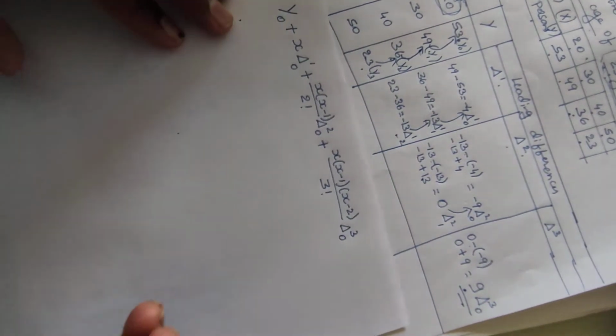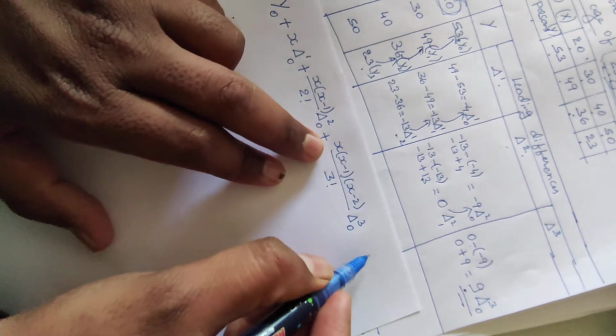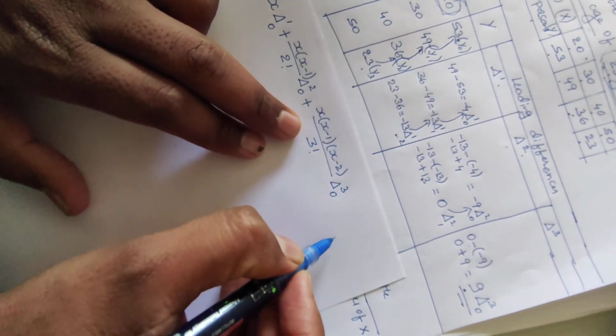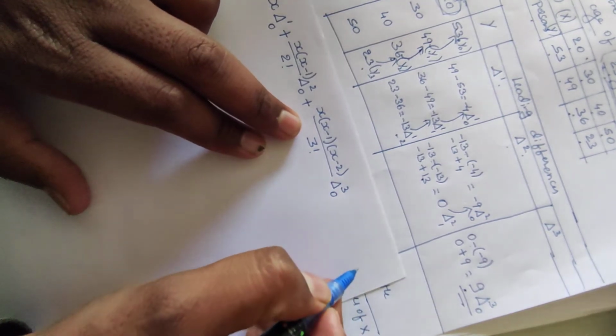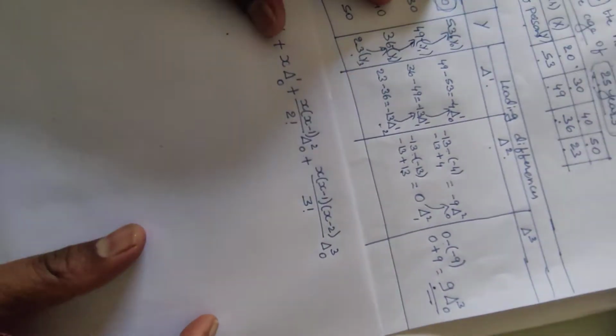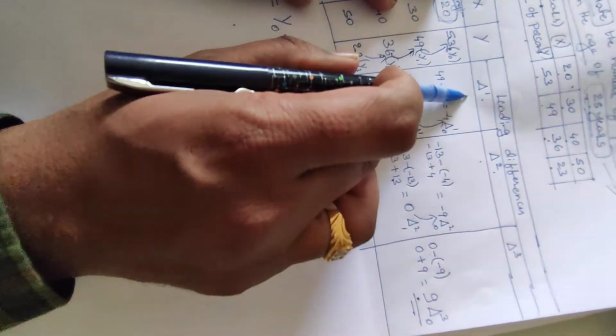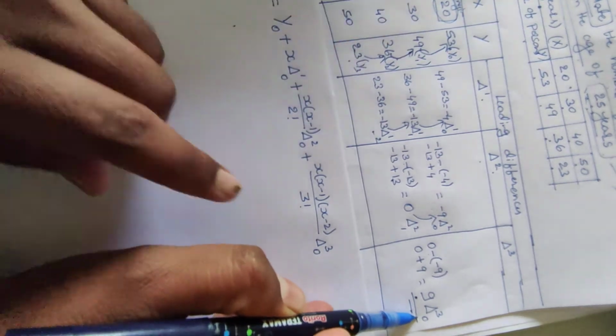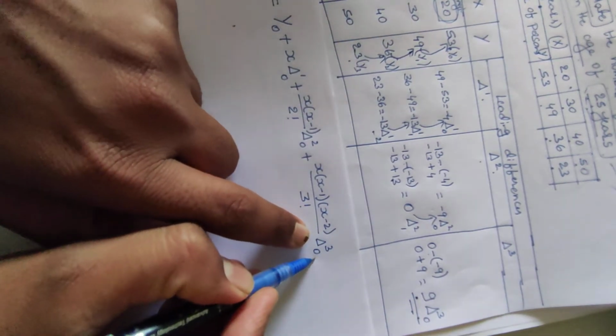So this is the way of expanding. But in this problem we have only 3 leading differences. Delta power of 3 0 is enough, so we should stop the formula.